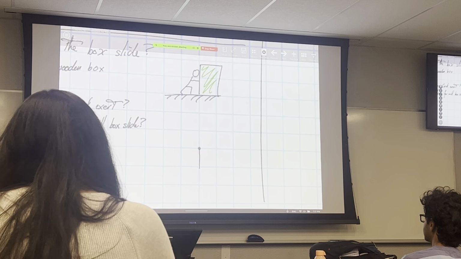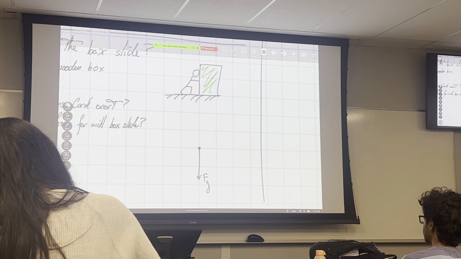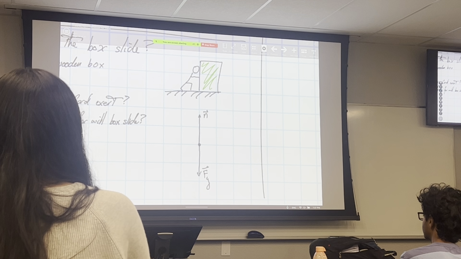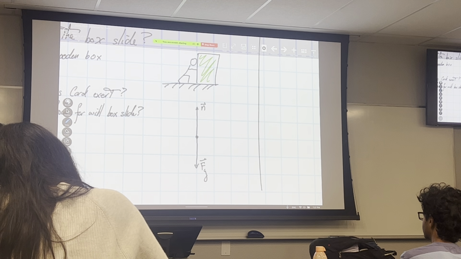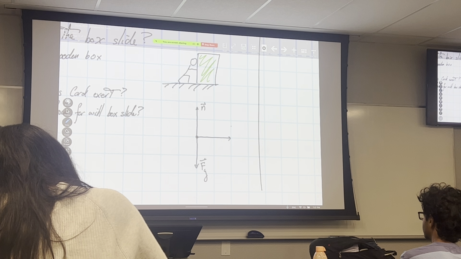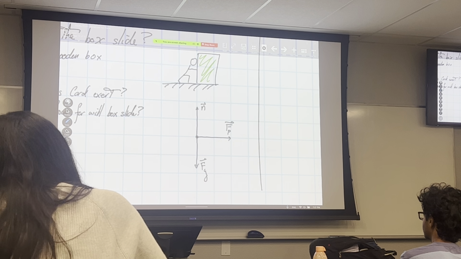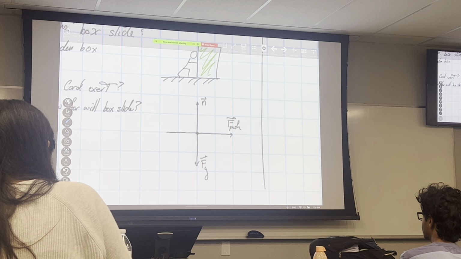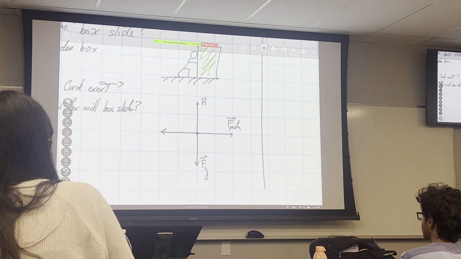So you have the force of gravity. You have the normal force. Carol is pushing the box. And of course, we have some friction resisting our motion.